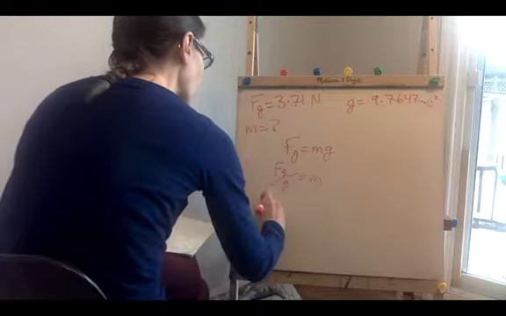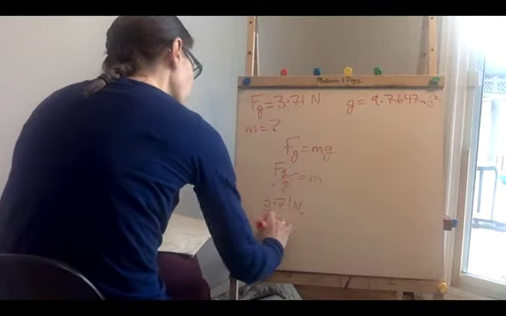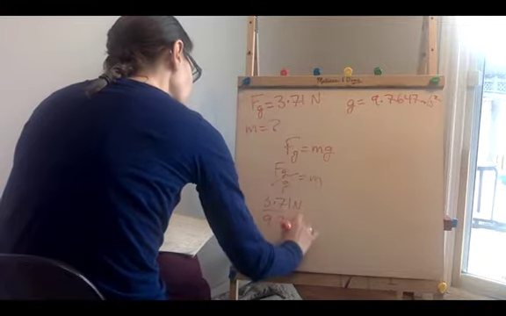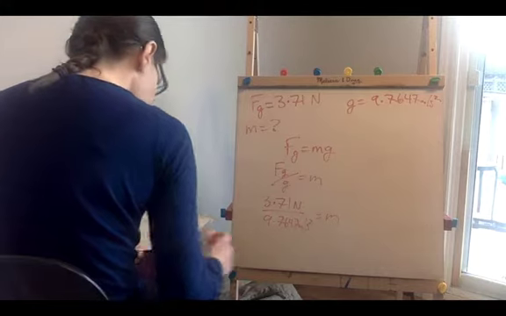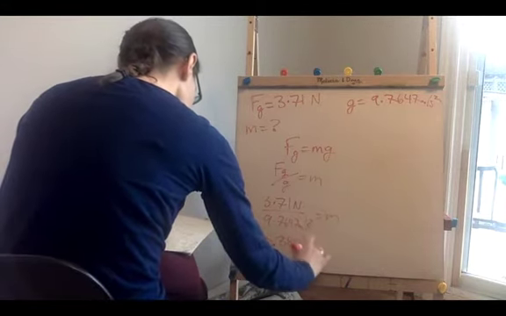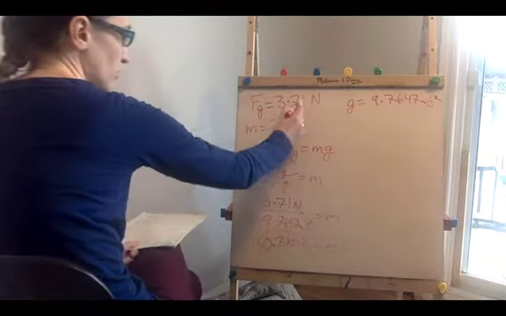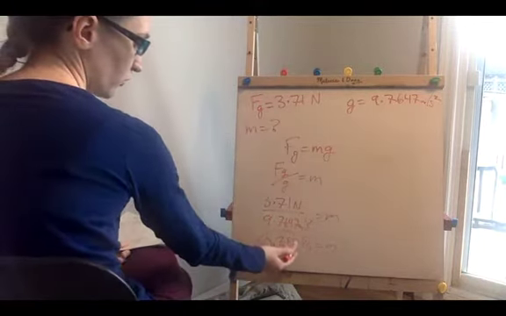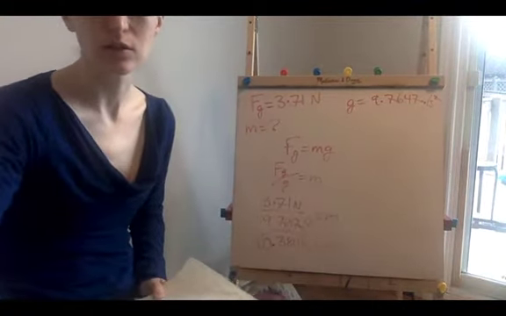So ultimately, you're going to take 3.71 newtons and divide it by the 9.7647 meters per second squared, to give you the mass of the orange, and what you get is 0.380 kilograms. Okay, and again, it was 3 sig figs that we're using, so we'll include that 0 for our 3 sig figs there. All right, so there's number 2.